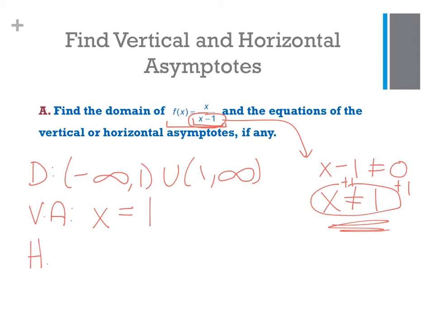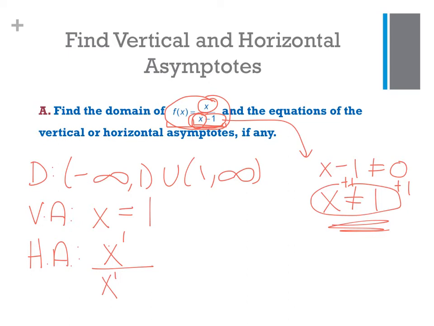For our horizontal asymptote, I can use either the end behavior of the function, so I could graph this function and determine the end behavior, or I can compare the degree of the numerator and the degree of the denominator. We have x to the first power on top, and x to the first power on bottom. The highest degree term in the numerator is x to the first, and the highest degree term in the denominator is also x to the first.